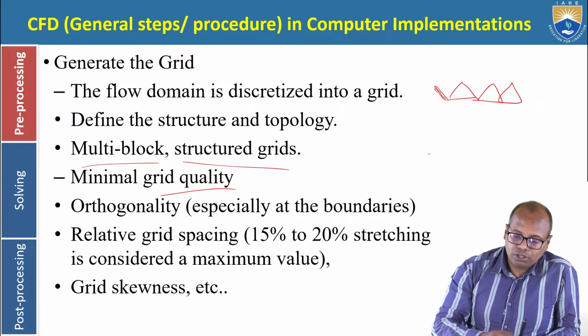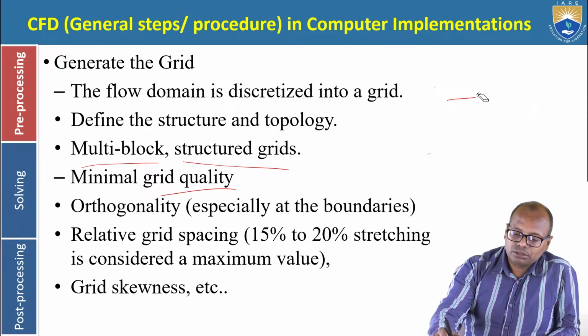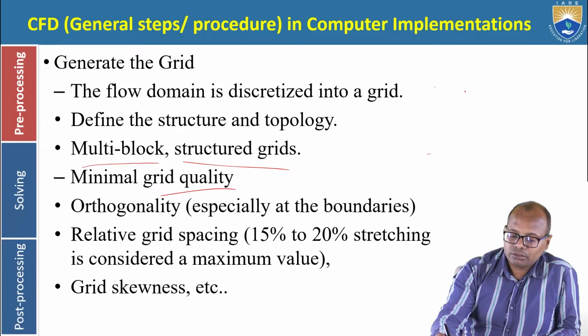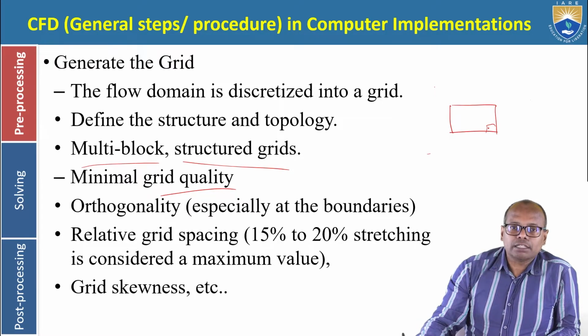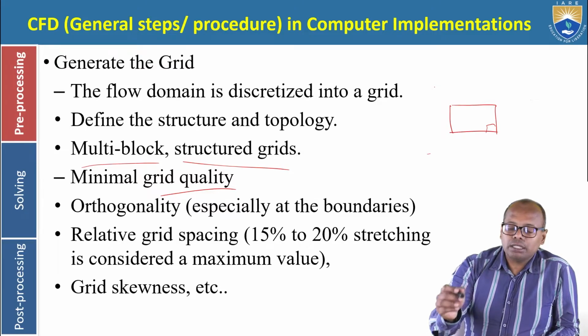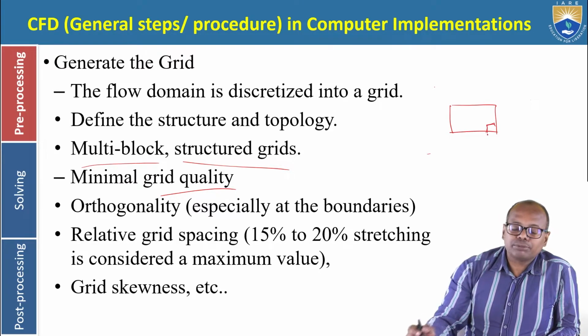And orthogonality. So what do we mean by orthogonality? Orthogonality, skewness, all these things are there. So these two are at right angles, and in the domain sometimes making it 90 degrees is not possible 100%.